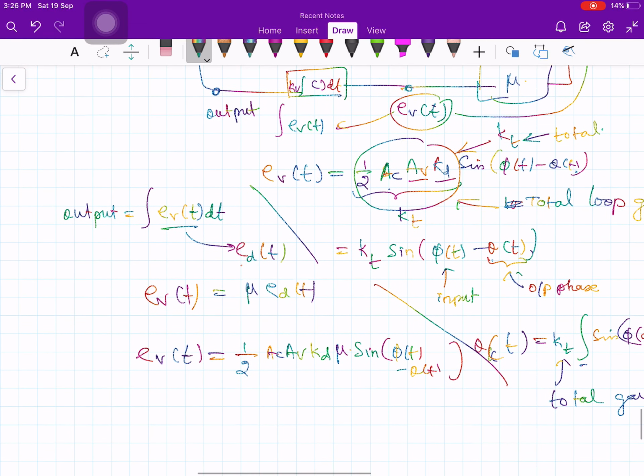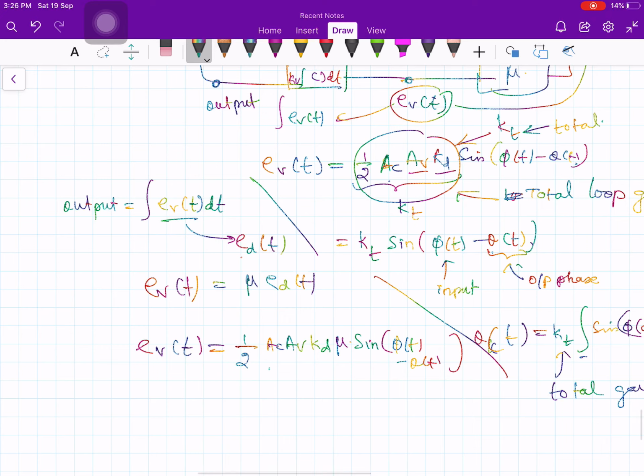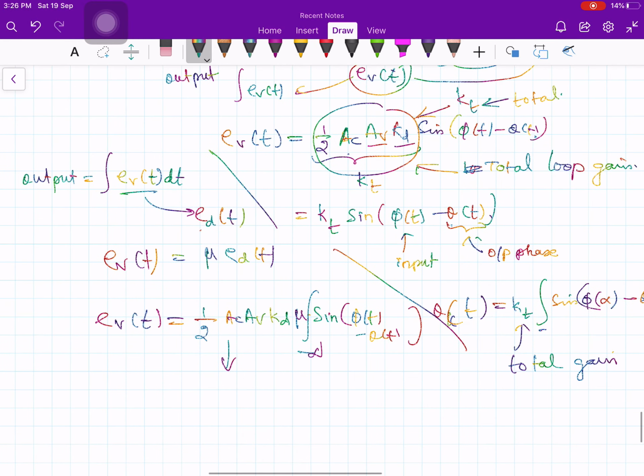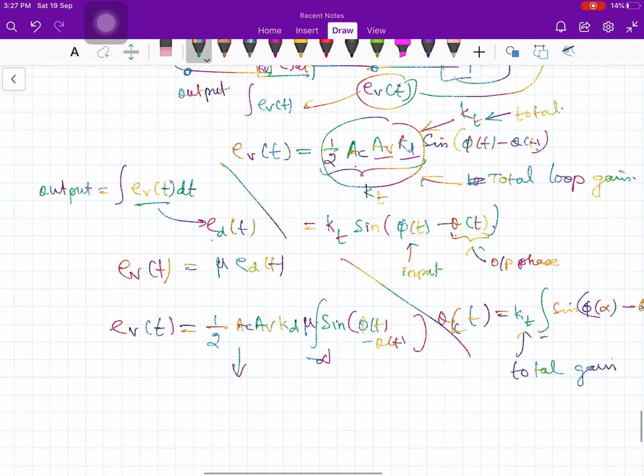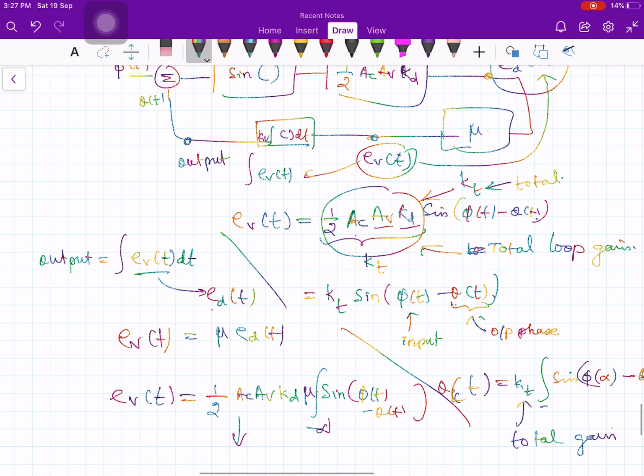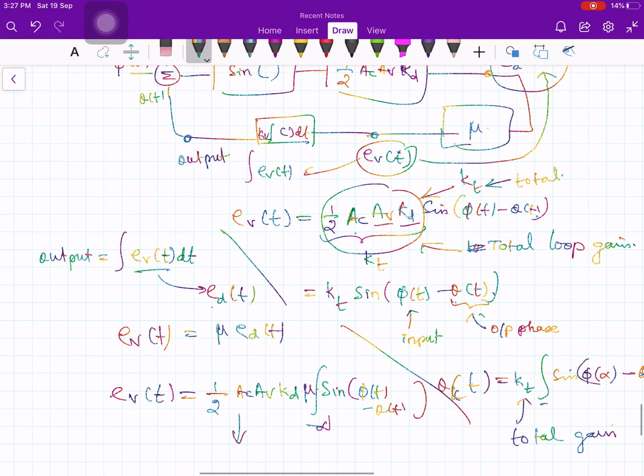So alternately I can write this equation as integral. No, this is correct only.